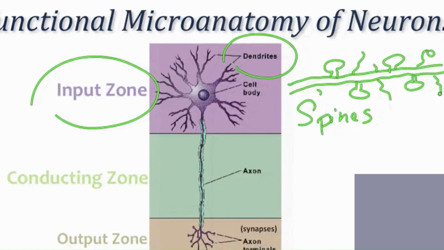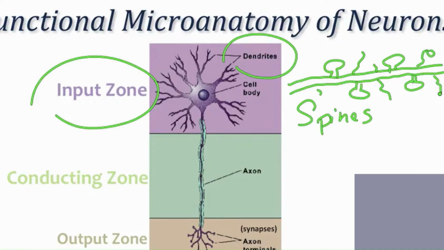And sometimes there seems to be little stalks and a protrusion at the tip of that stalk. So collectively, these increase the surface area of even a single dendrite and provide a place for synaptic contact from other neurons. So wherever we see a spine, we can be quite confident that there is a synapse in one state of formation or another from the axons that are surrounding that dendrite.